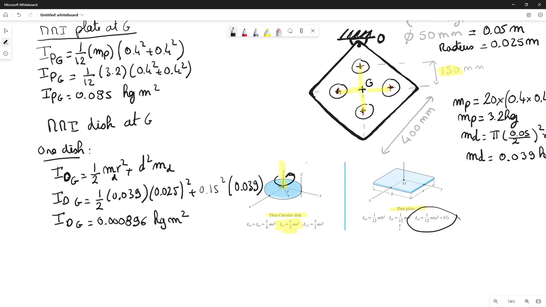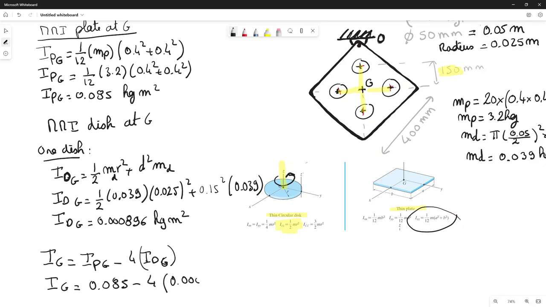So at the end, the I at G will be the I of the plate at G minus 4 times I_dG. So the I at G will be 0.085 minus 4 times 0.000896.